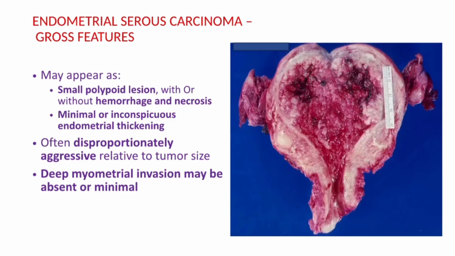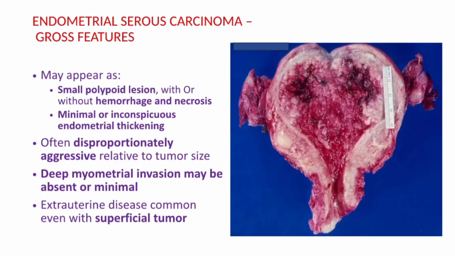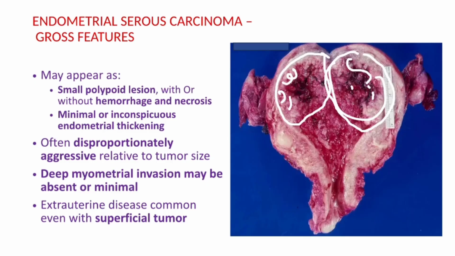Deep myometrial invasion may be absent or minimal, and extrauterine disease is common even with superficial tumor. So here we can appreciate, this is the endometrial surface and it is involved by this carcinoma showing a polypoidal and thickened appearance of the tumor mass, and areas of hemorrhage and necrosis are present.